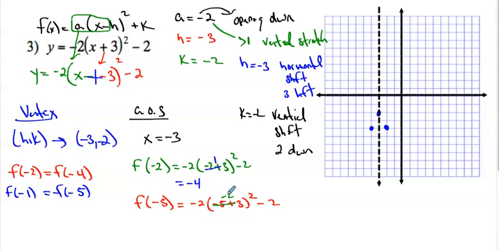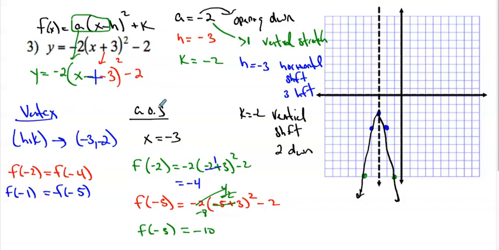Negative 2 squared is 4. 4 times negative 2 is negative 8. Negative 8 minus 2 is negative 10. All right, go as fast or as slow as you want on that. Just take your time, make sure you get that right. So f of negative 5 is negative 10. So here's my negative 10, and f of negative 1 is also going to give me negative 10, and that's going to give me more than enough to draw my U shape here.